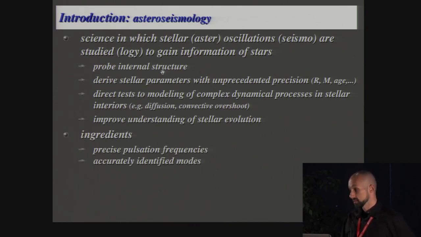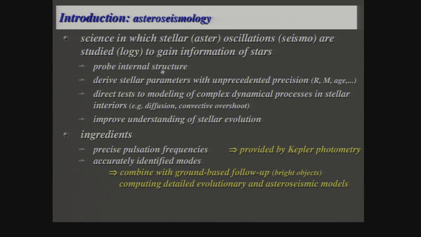We need precise pulsation frequencies, and we also need to know which modes are responsible for them. These frequencies are directly provided by the Kepler light curves, and to do the mode identification, we can combine it with ground-based follow-up observations, but that is basically only possible for the brightest objects.